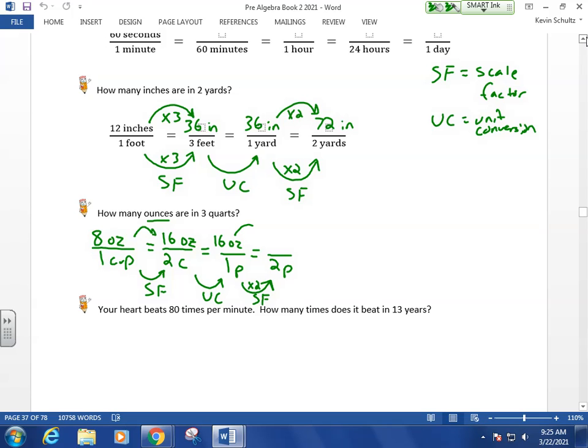And since we doubled our denominator, we're going to double our numerator as well. And there are 32 ounces in 2 pints. I should write this times 2 in here so you can see what we did here. After scale factor comes a unit conversion.